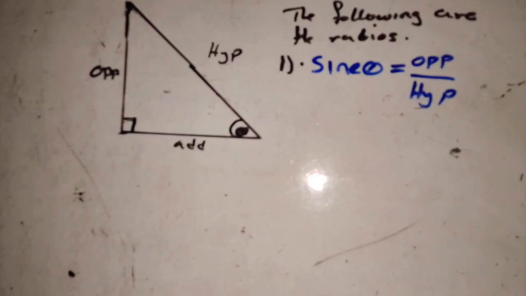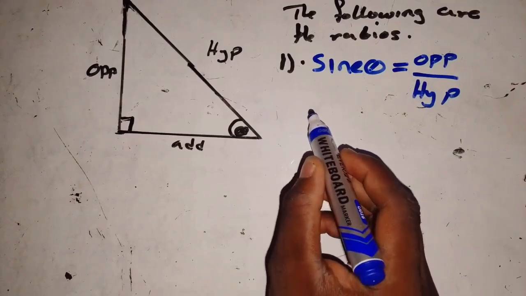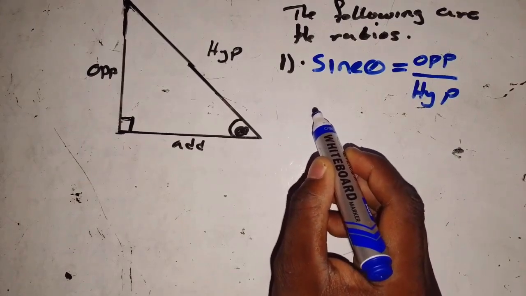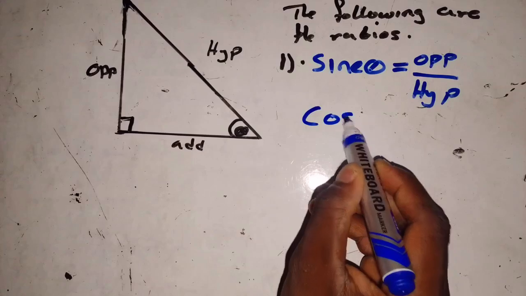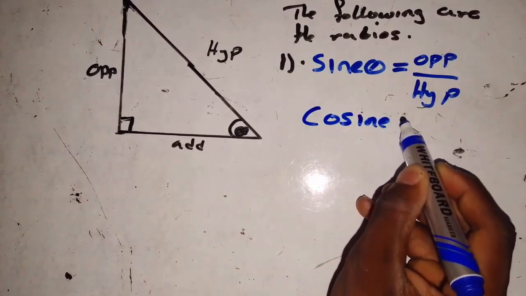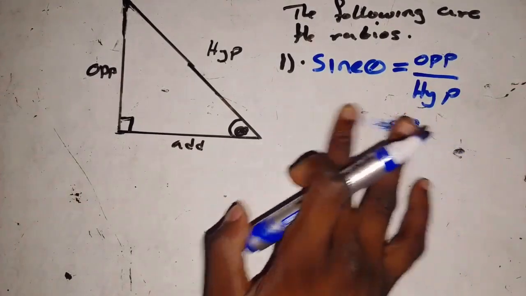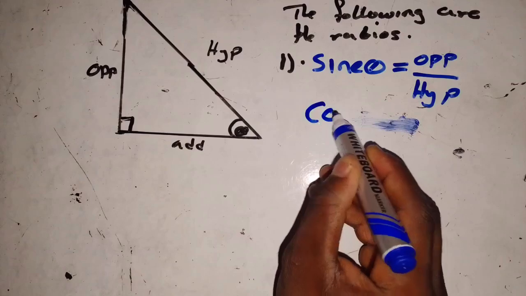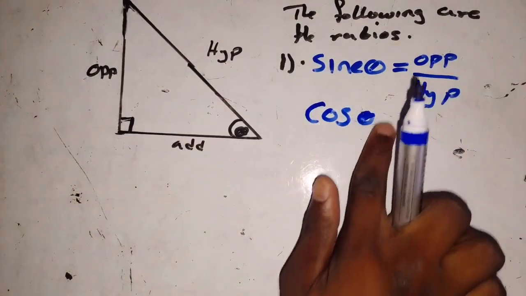The second one is cosine theta, or cos theta. In abbreviation you can just write it as cos theta like this. There's no problem writing it like this.